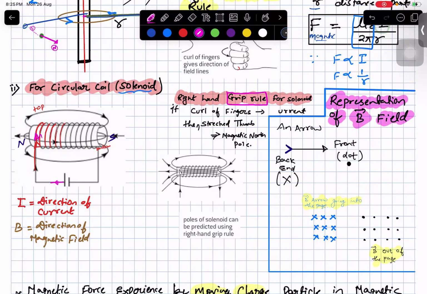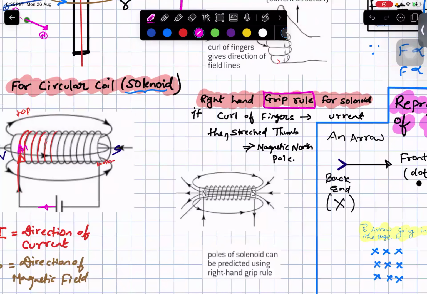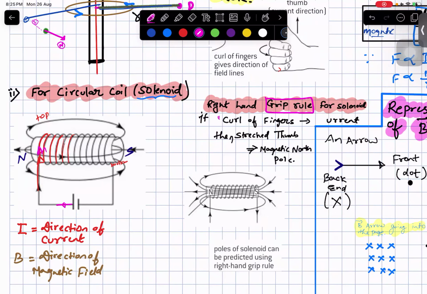In the right hand grip rule, what you have to do is grip that solenoid in such a way that all four fingers go in the direction of the current. Just hold it like that. And then the thumb will point to the magnetic north pole.